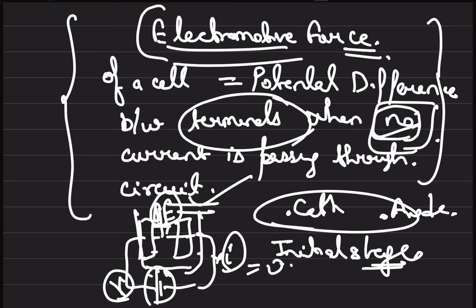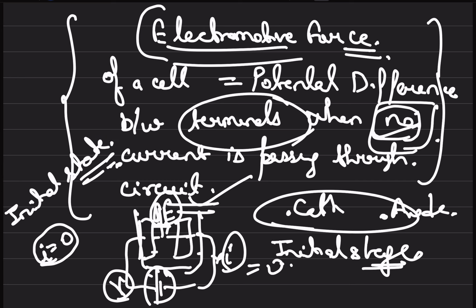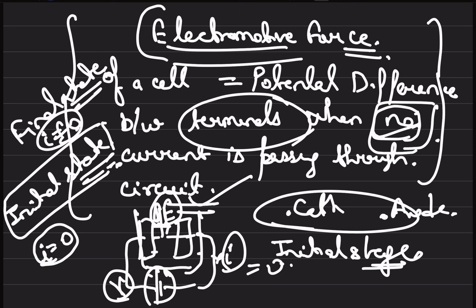So at that time this QE force is equal to V. We have to remember that the current in the circuit should be equal to 0, which is the initial state, because in the final state current is there, I is not equal to 0. So this is inherent, it is set for the initial state of the system, because in that state the current is equal to 0. This is the concept for the electromotive force.